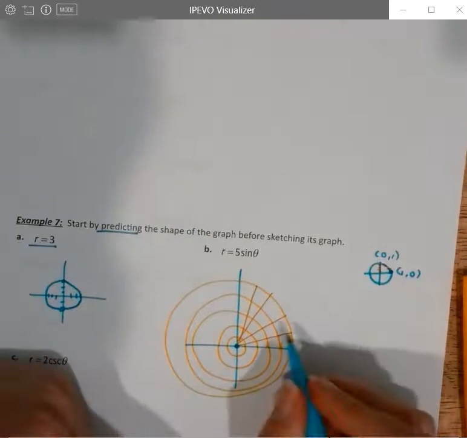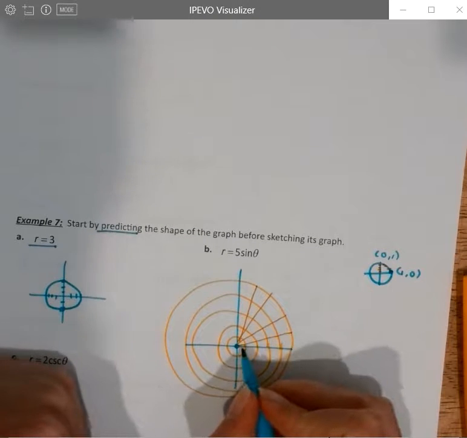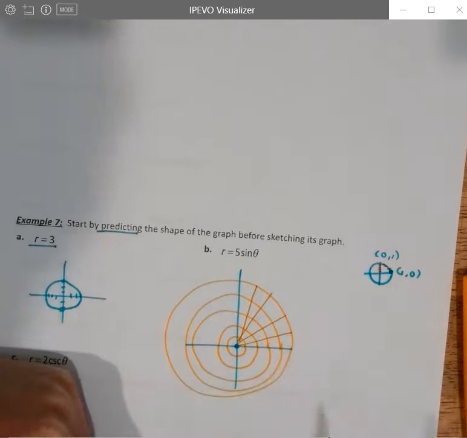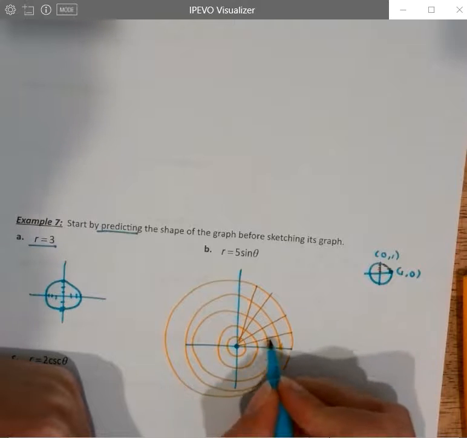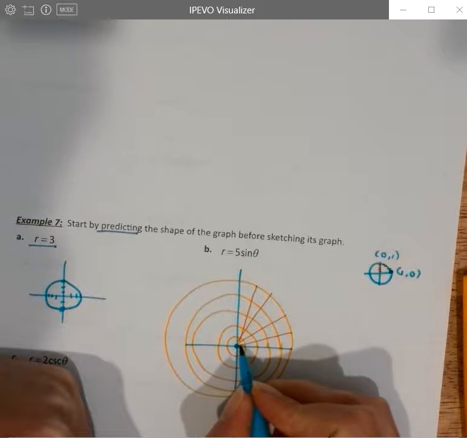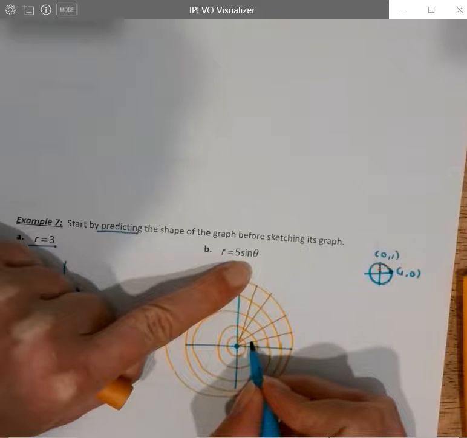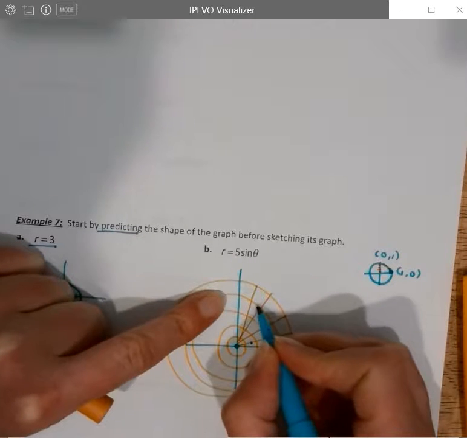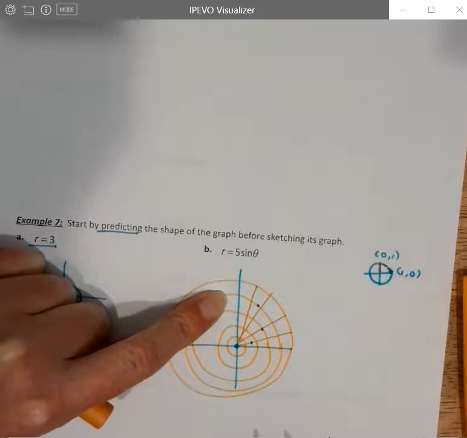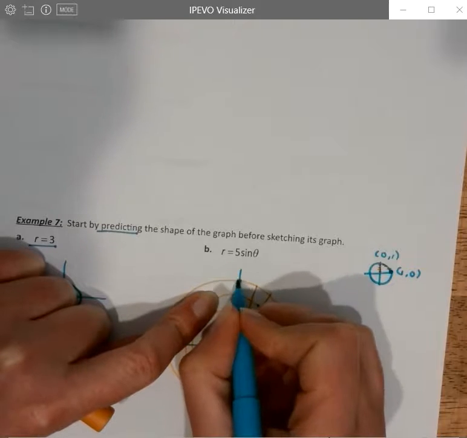On a very small angle, and I could do actual angles to confirm, but on a very small angle, I would have a very small number times the 5. So it's going to be something relatively small. As I get bigger, it's going to get larger, and when I actually get to 5, 1 times 5 is 5.